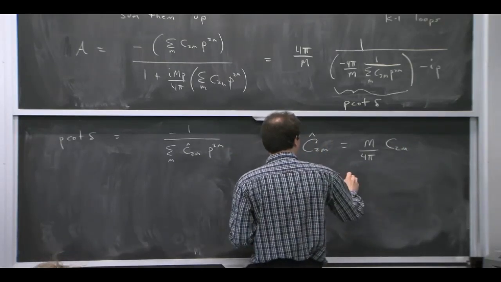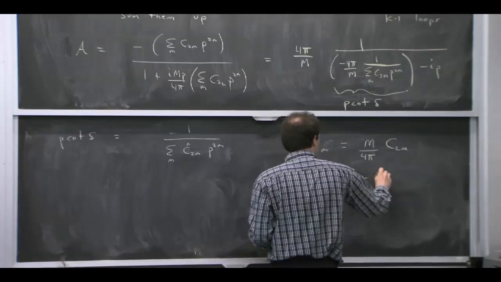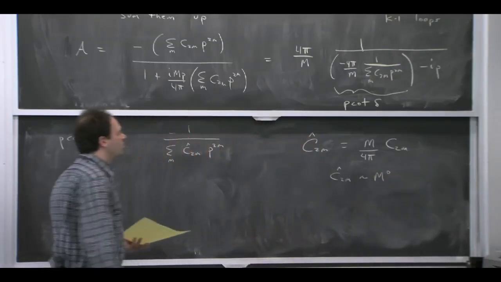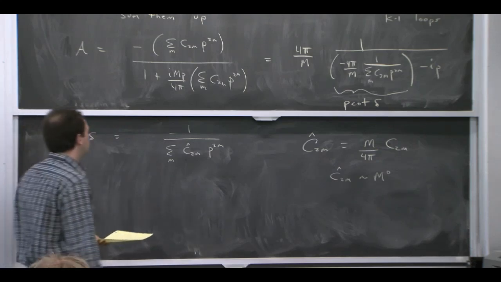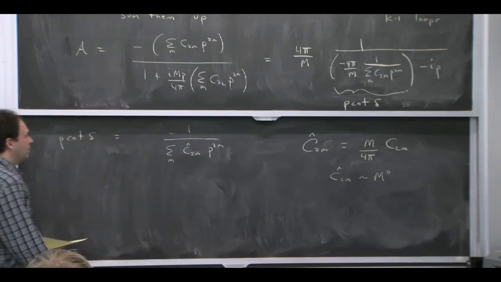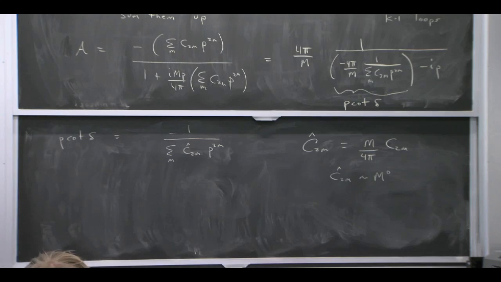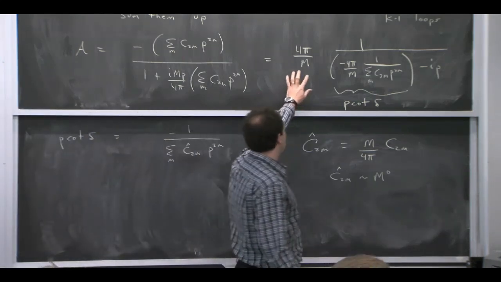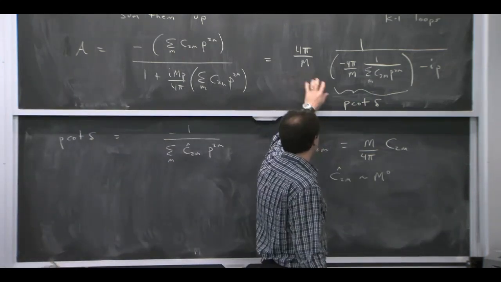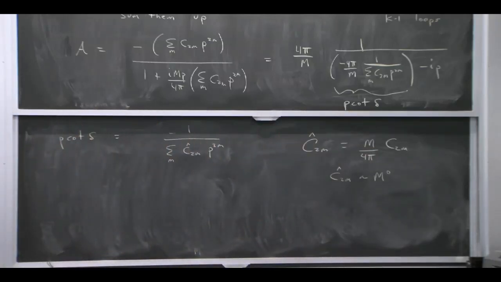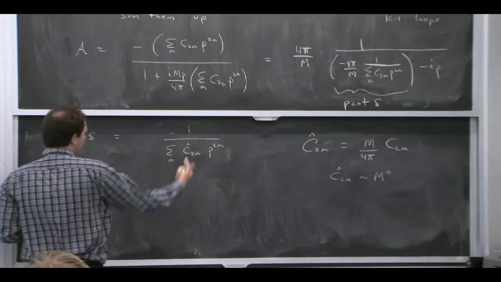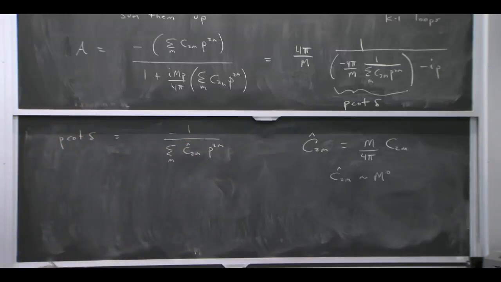So C2 hat scales like m to the 0. So that's just an obvious way of reorganizing things, given the factors of 4 pi over m that we knew had to sit out front of this S matrix calculation of the amplitude. So we can identify p cotangent delta as something that doesn't involve any m's, and that actually is also what we would expect for non-relativistic scattering.